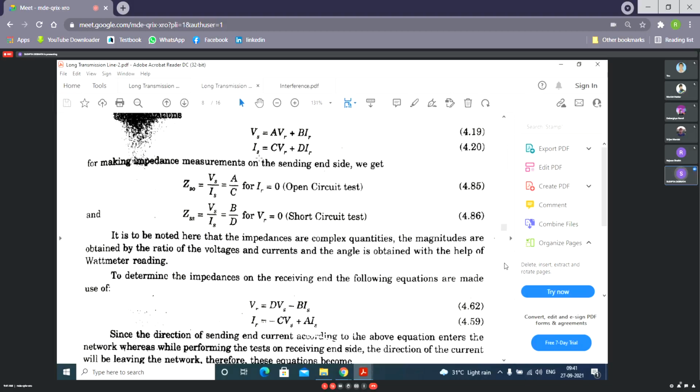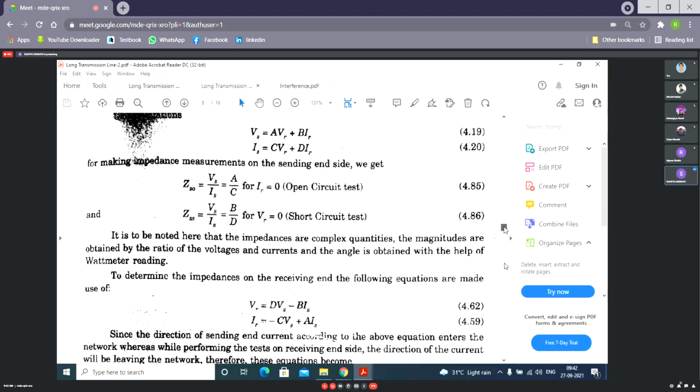By dividing Vs by Is, we get A by C for the open circuit test, because these two terms are becoming 0. And by the short circuit test, these terms will become 0, and we get B by D. So ZSO equal to A by C, ZSS equal to B by D. You can understand, we have to get 4 equations. 2 equations are not sufficient.